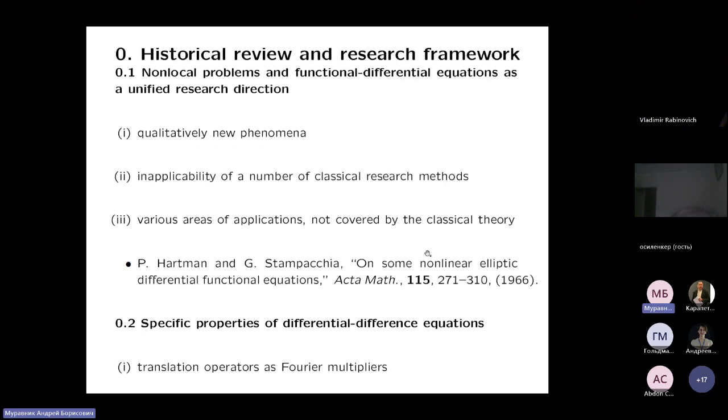I would like to start with certain remarks about the history of the problem. Today I will talk about functional differential equations, and actually only about differential difference ones.